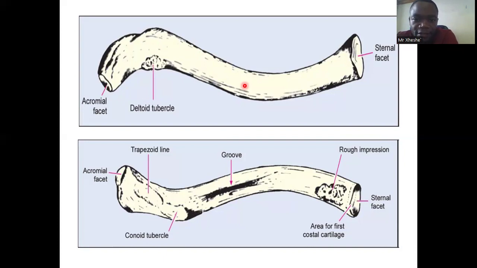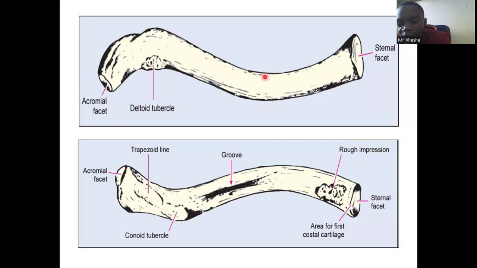Now, the clavicle does not develop from that. Instead, it develops from membrane, a process known as intramembranous ossification. All long bones in the body develop from endochondral ossification, except this one. So that makes it special.